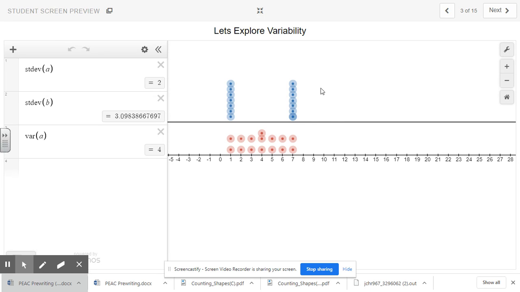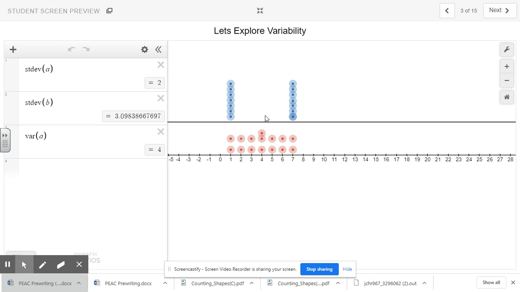Sometimes it helps to think of variability as putting all of your data points in a bag somewhere, and what is the likelihood that you're going to pick the mean or the median? So the mean in both of these is 4. So what's the likelihood you're going to get the mean? That'll tell you which one's more variable, right?